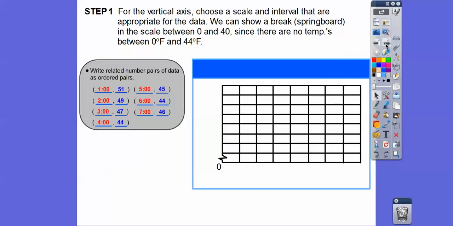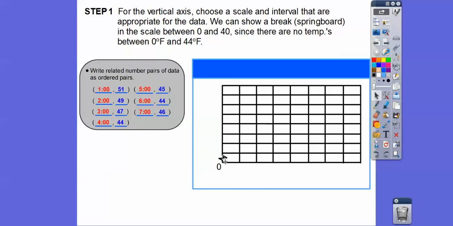So here's a graph that they provided for us, and for the vertical axis, this axis right here, we're supposed to choose a scale and an interval that's appropriate for the scale. Okay. So there's a springboard here. Your book doesn't call it a springboard, but I call it a springboard. What this is used for is a line break right here, because the first numbers that they start at are in the 40s right here.